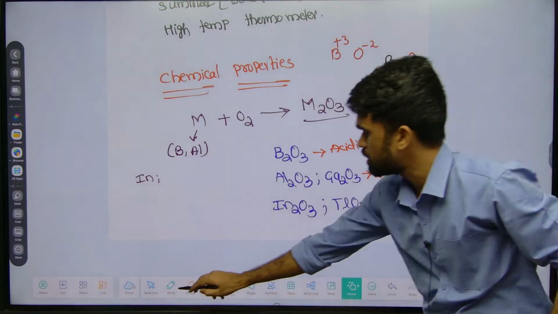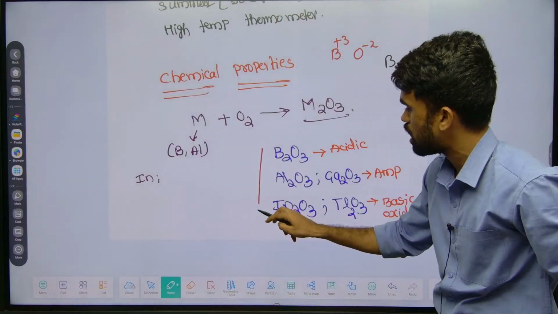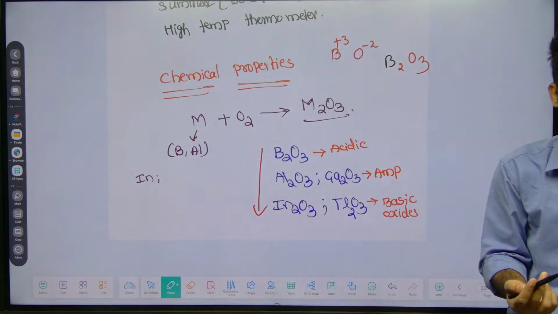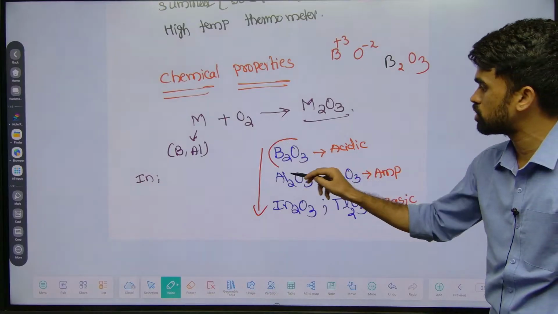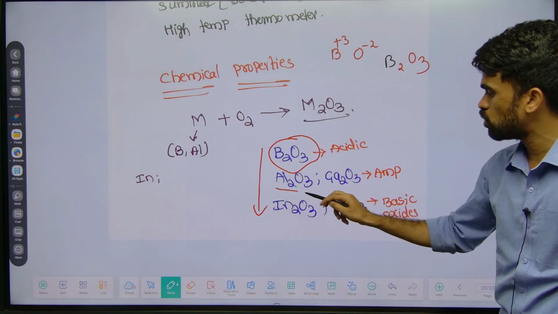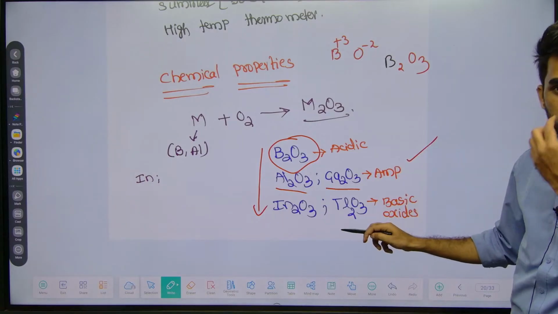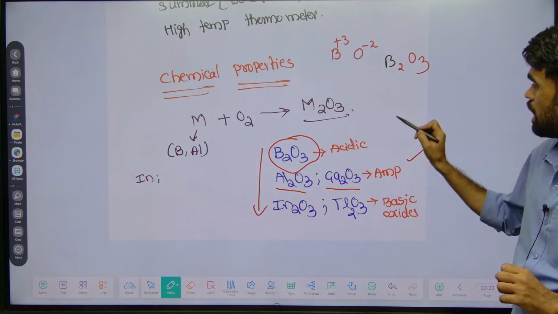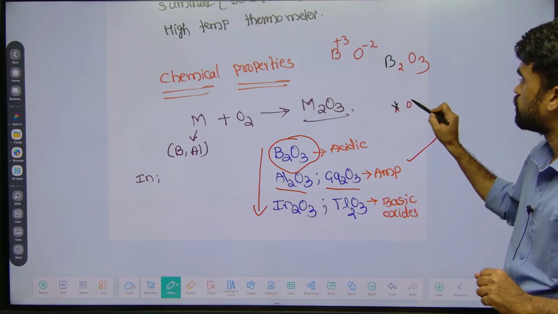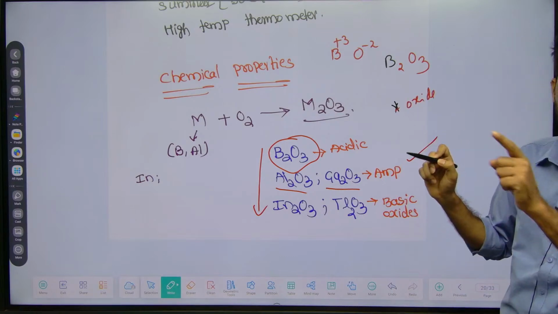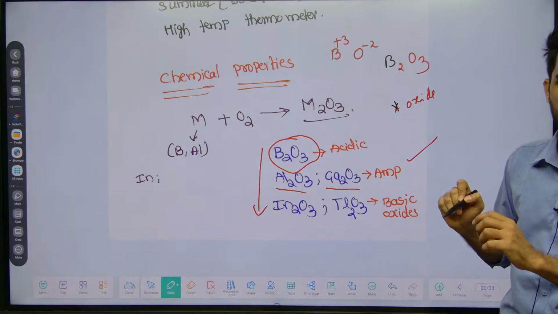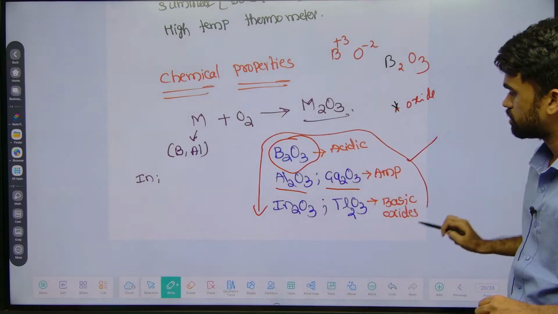So down the group, basic nature of oxides increases. Top one, B2O3, is acidic, Al2O3 and Ga2O3 are amphoteric. The next two are basic. And you can expect questions like which of the following oxides is basic oxide, acidic oxide. So try to write this list.